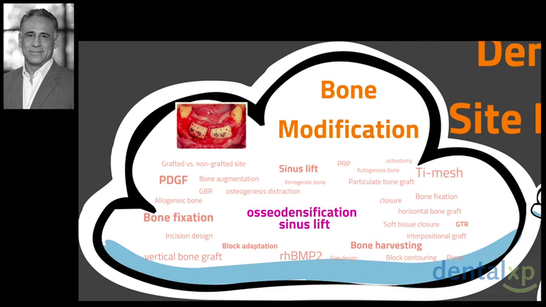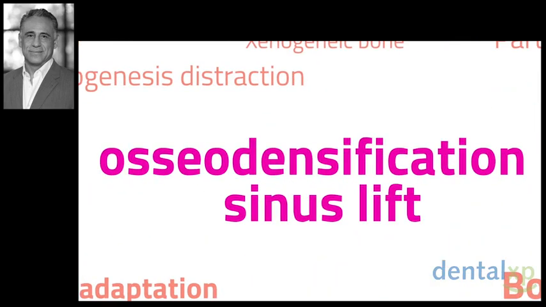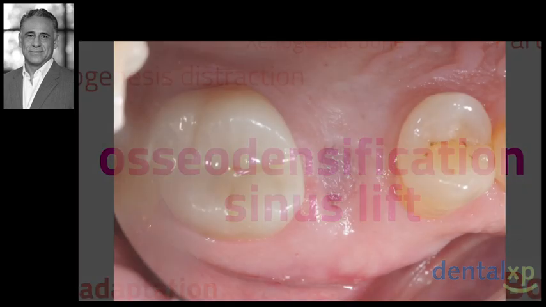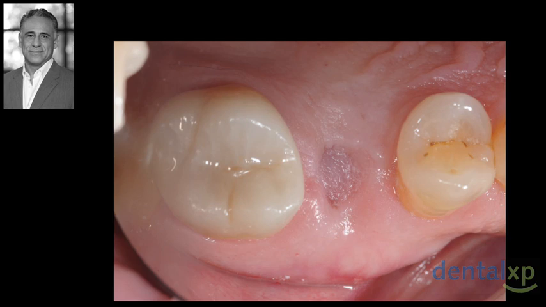With so many bone modification techniques and tools available, today I would like to discuss the combination of osseodensification and internal sinus lift techniques in a patient planned for implant replacement of his upper first molar, and demonstrate how we can develop our implant site to achieve more predictable results.